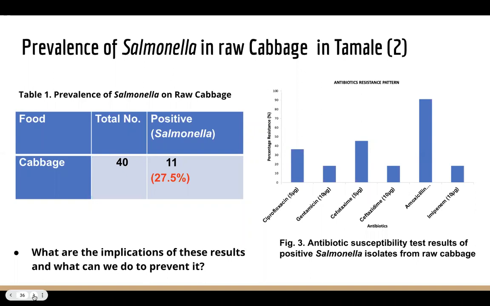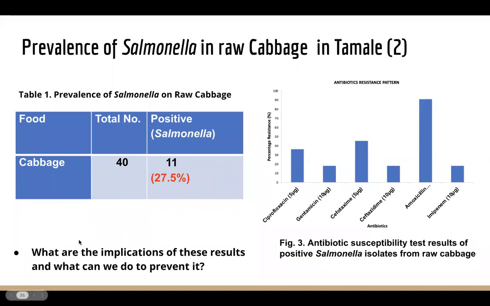On the right-hand side, we have the resistant pattern of these 11 isolates that we took from the cabbage. And you can see that still ampicillin is very highly resistant, followed by cefotaxime and ciprofloxacin. And when you are talking of ciprofloxacin, you know that this is one of the commonest drugs that we use here in the developing country.